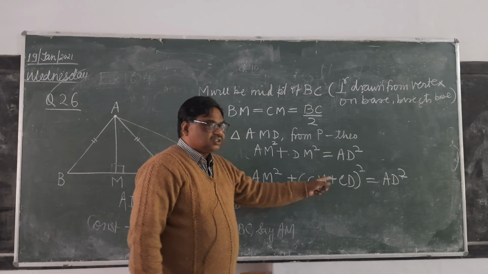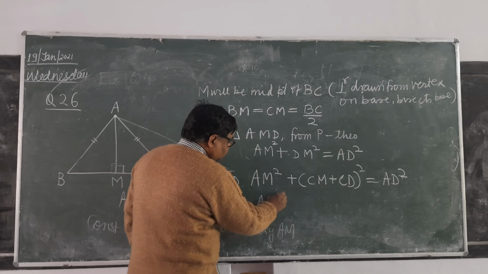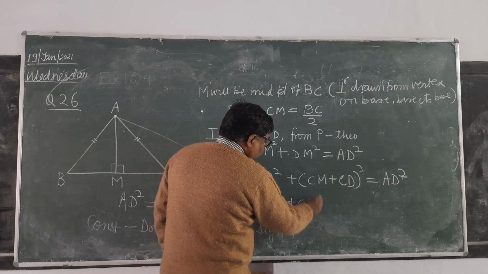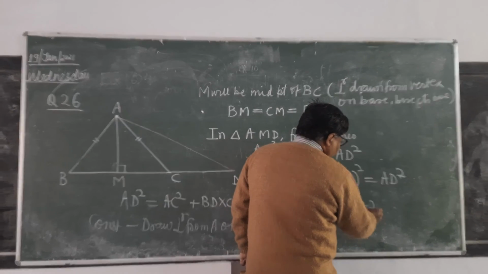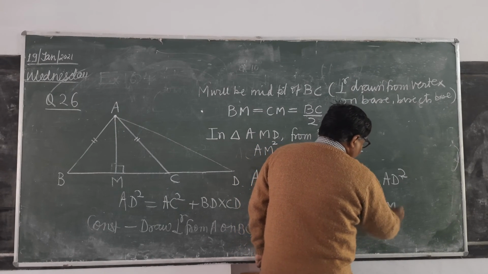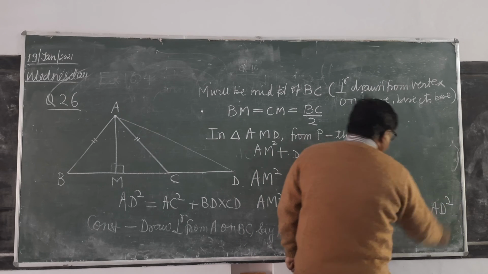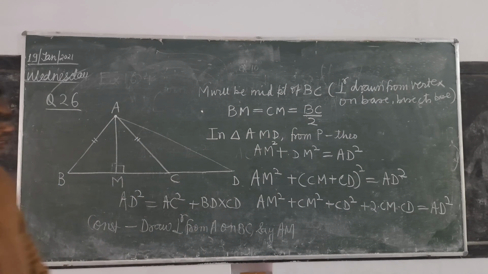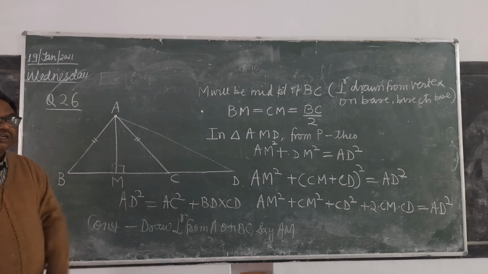Now by using A plus B whole square, we will open this. So it will be equal to AM square plus CM square plus CD square plus 2 into CM into CD equals to AD square. अब हम ध्यान देंगे कि हमको प्रूव क्या करना है. Here AC square is also there. So you can see in triangle AMC, AM square plus CM square is equal to what?